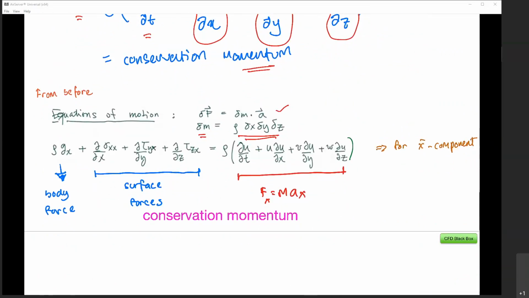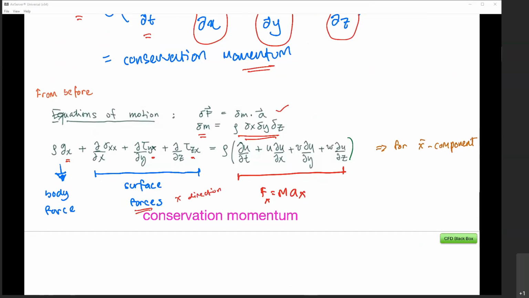We have the body force rho gx, remember this is only for the x direction, and then we have d over dx of the normal stress sigma xx, plus d over dy tau yx, plus d over dz tau zx. These are all the surface forces in the x direction.